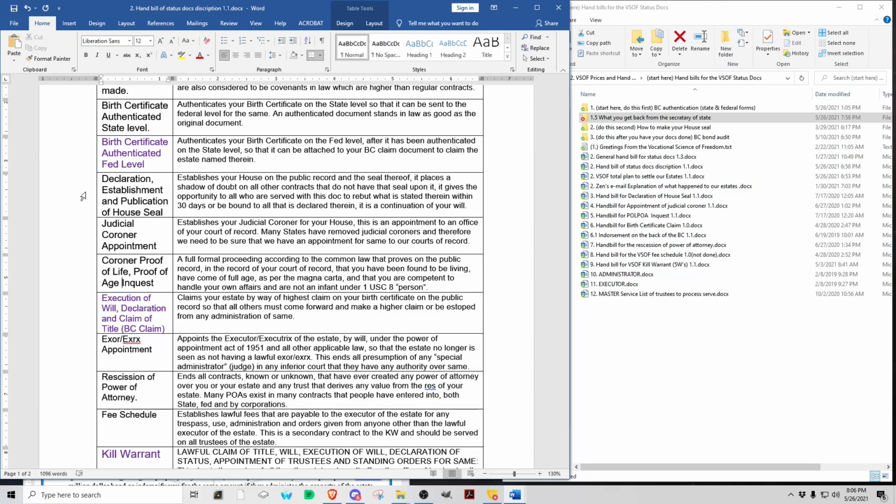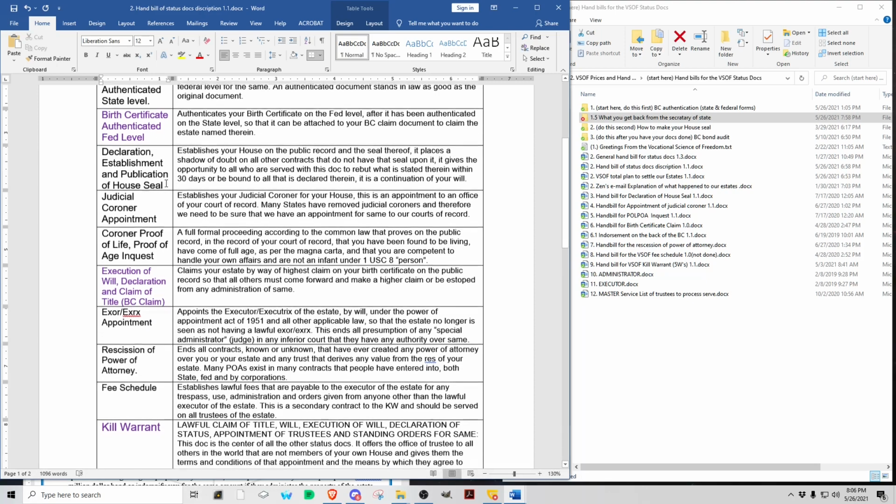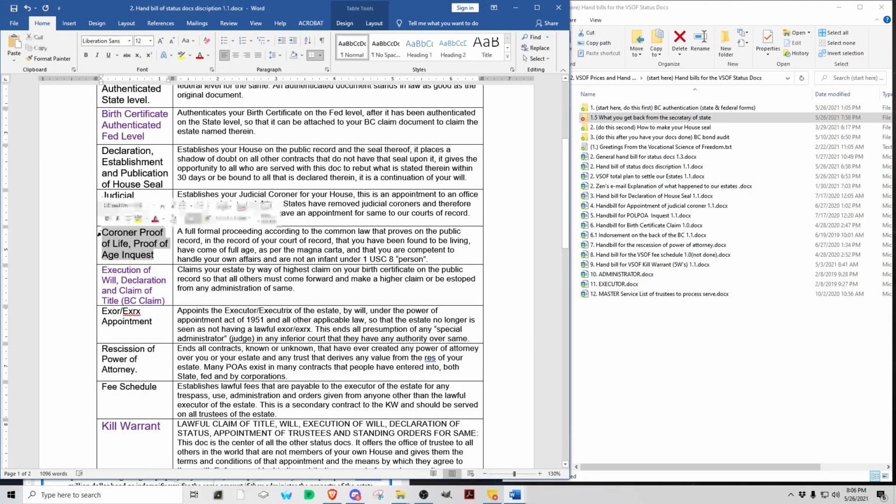Okay, so you got your seal done, you got your seal notice signed and sealed. For each and every one of these documents, with the exception of one, which is the coroner proof of life and proof of age inquest, which I should probably make a different color just so that people are aware that this is a specific one that needs more people. All the rest of these documents, you can have 4 witnesses, which is called a quorum.